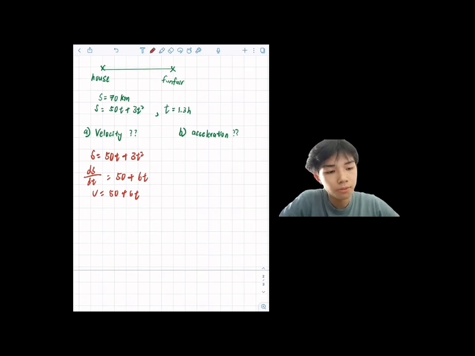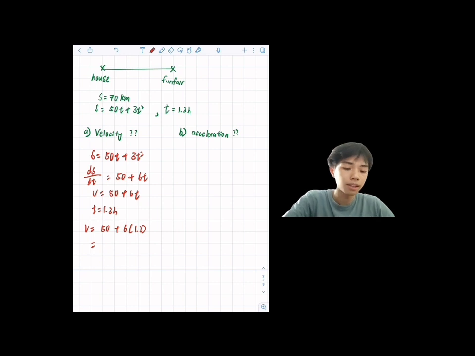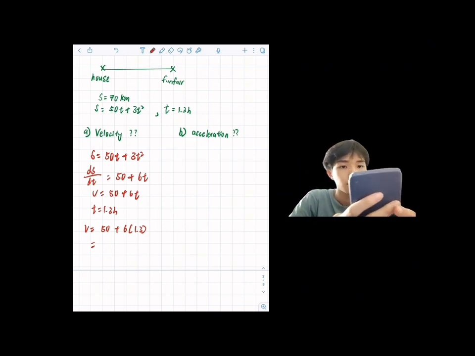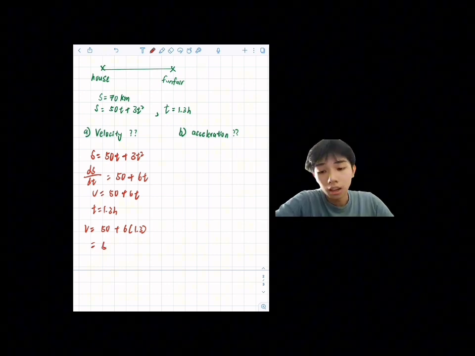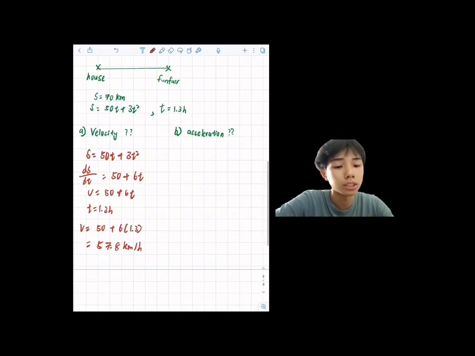So how can we find the velocity of the car? Just put the time taken, which is 1.3 hours, into the equation. So v equals 50 plus 6 times 1.3, and it becomes 57.8 kilometers per hour. So that is the velocity of the car.